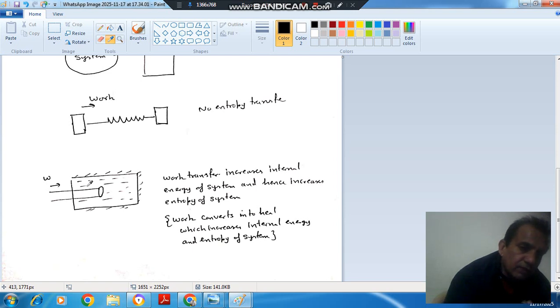So work alone will not cause any entropy transfer, because it is not changing the molecular collision or molecular disorder. In the case of the flywheel and spring, it is not changing the molecular disorder, whereas in the case of the fluid, when the shaft work is applied to the fluid, it does.